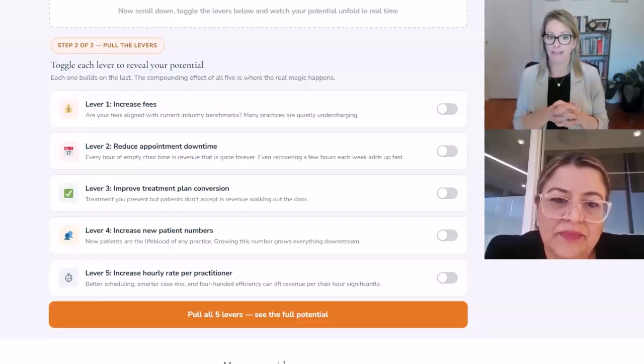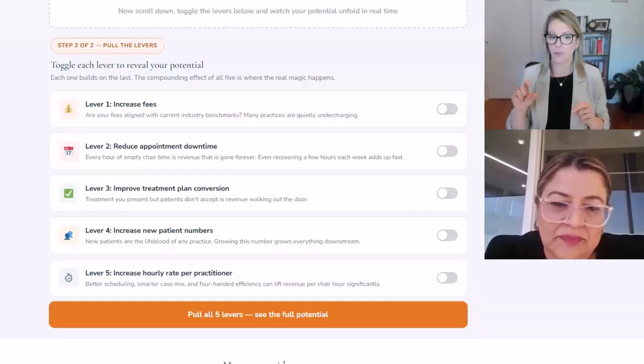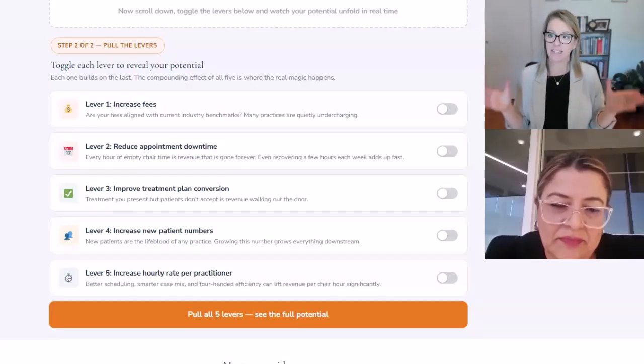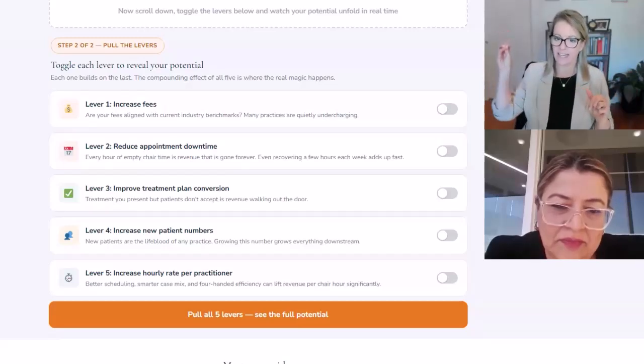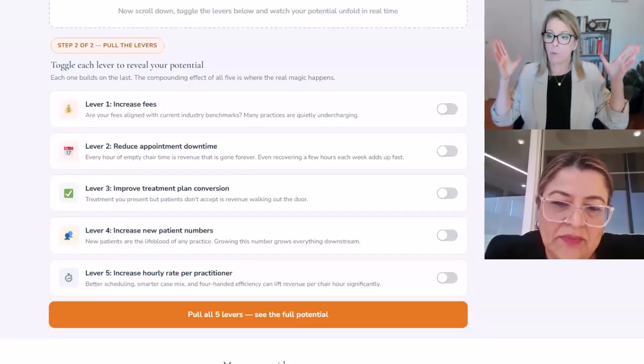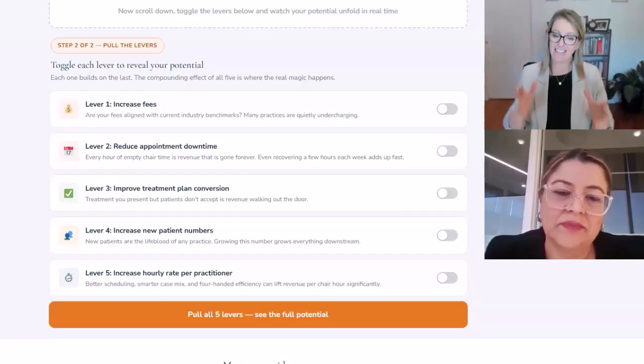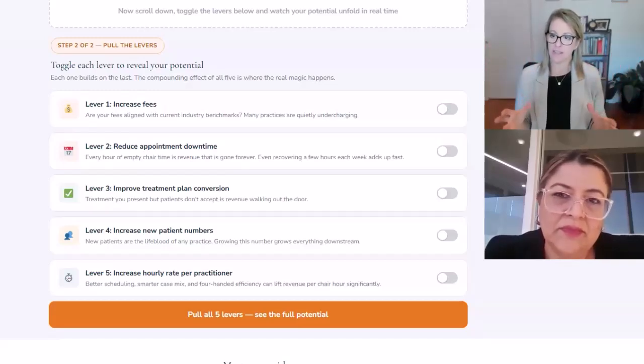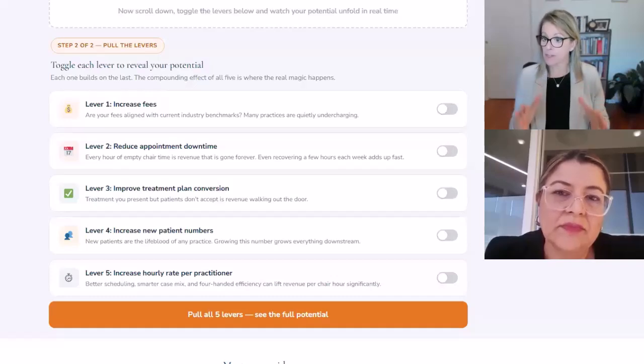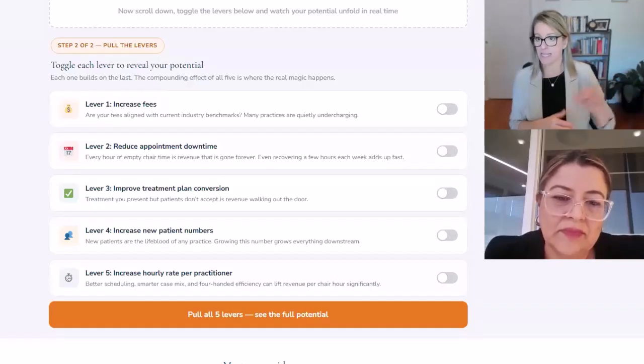The fifth lever we're talking about is increasing the hourly rate per practitioner. So this is where you look at the number of productive hours, not hours that, take away lunch breaks, take away the time that we were running early, take away FTAs, all those sort of things, but the time that the practitioner was in the surgery seeing patients. Count those numbers up. Should be very easy to do just with a standard report.